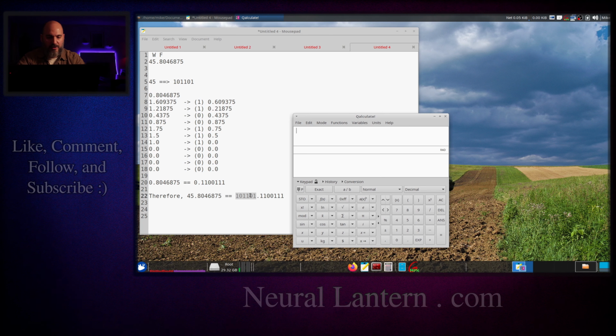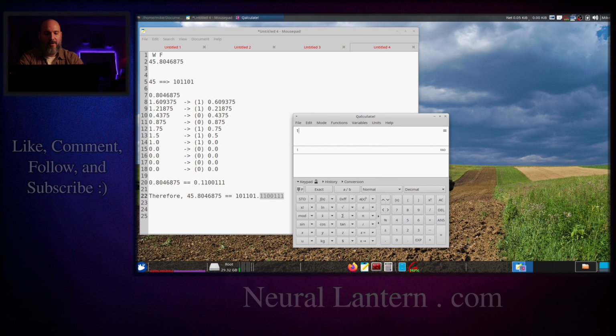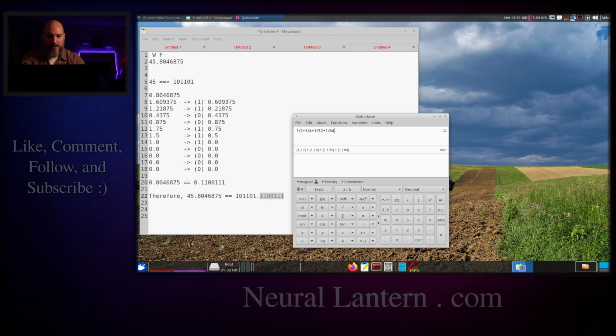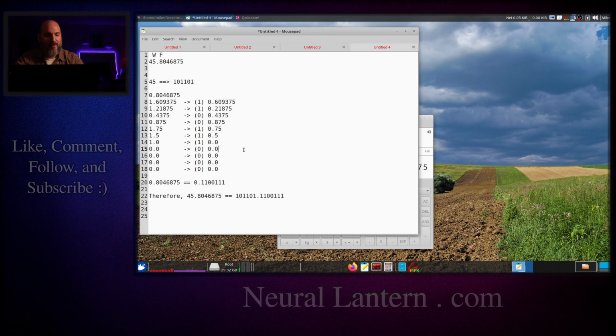So starting with just this one right here, it's going to be 1/2 plus 1/4 plus not 1/8, not 1/16, a 1/32 plus 1/64 plus 1/128, and then if you look at the result, it should be 0.8046875. So it looks like we succeeded.